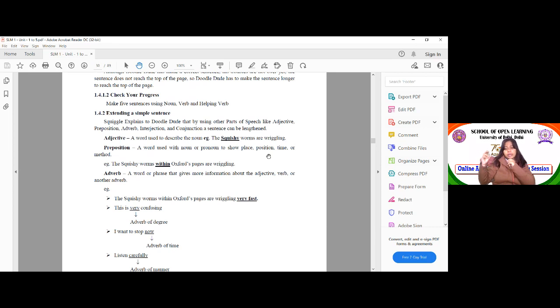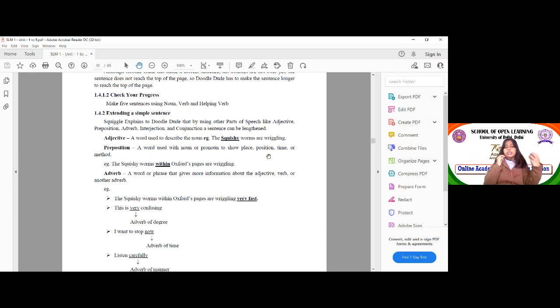Say the ball is above the table. So where is the ball? The ball is above the table. The table is the noun. You are using this preposition before the noun. Now, as you can see, like I said, an adjective is a word that we use to describe the noun.